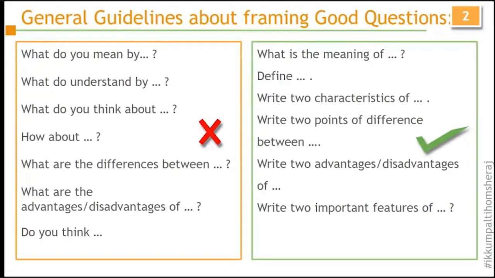And one more thing we should keep in mind when we are talking about differences between two different things or three different things, we should not let it open-ended, like what are the differences between. When we are saying what are the differences between, that means somebody will be writing 2 differences, somebody will be writing 3 differences, and somebody will be writing 4 differences.